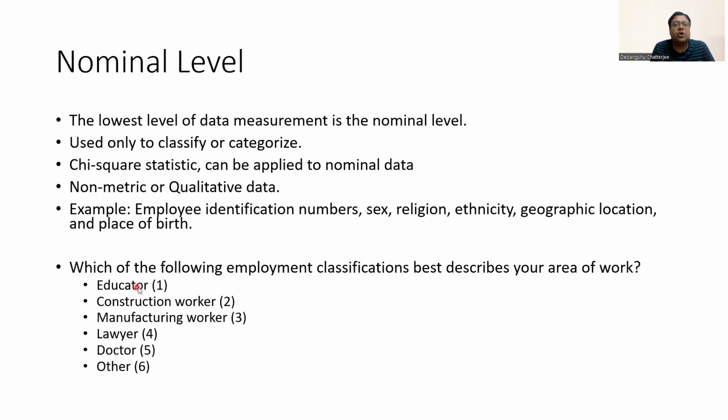So even in this column, say one column is there where employment classifications are mentioned. There, instead of educator, construction worker, and these things, we are mentioning 1, 2, 3, 4, 5, 6. And in the legend, we are giving this description so that people understand what is 1, what is 2, and what is 3. Hope I was able to explain this concept. So even if we represent it with a numeric value, this is still nominal data, a qualitative data.